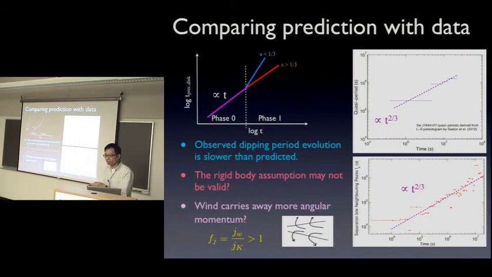Right. Okay. The direction of the jet is perpendicular to the disk. The jet is always perpendicular to the disk.